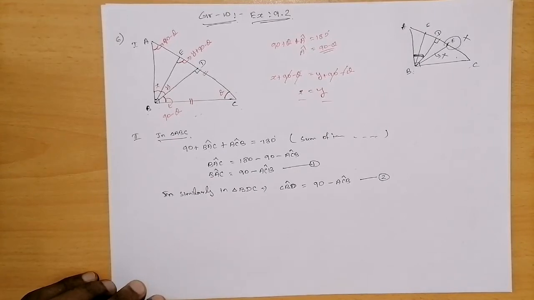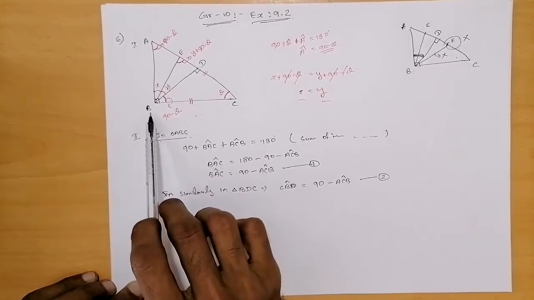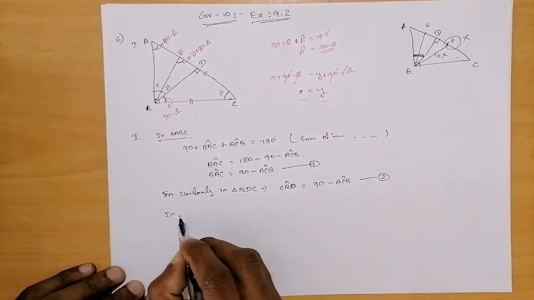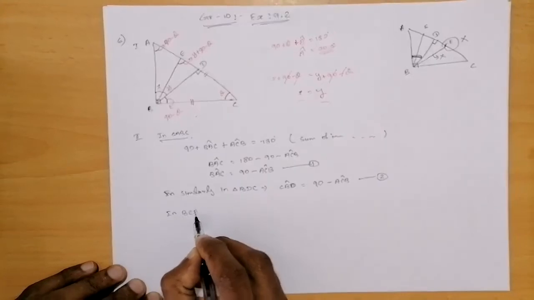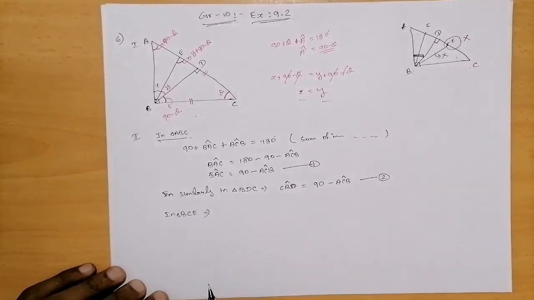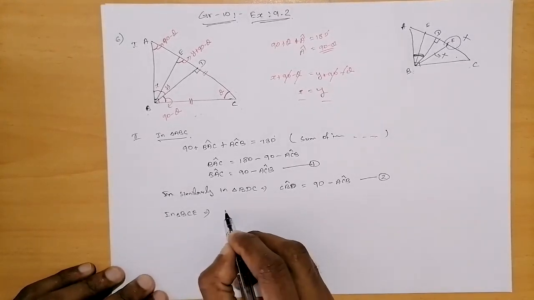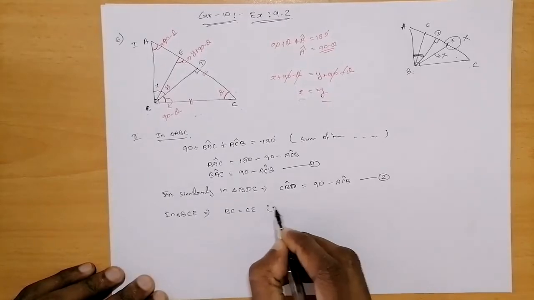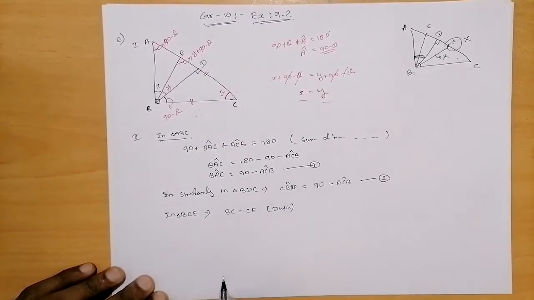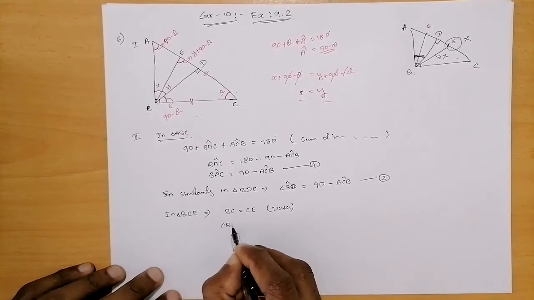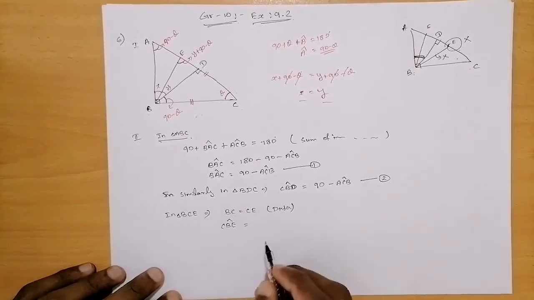Okay, third, we can go for the BCE triangle. In triangle BCE, we are going to use the given data that BC equals CE. From that, we can take CBE is equal to CEB.